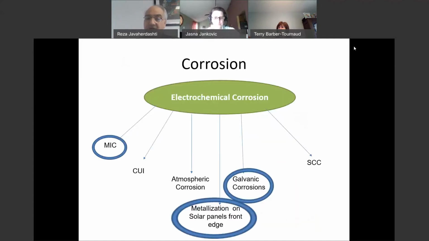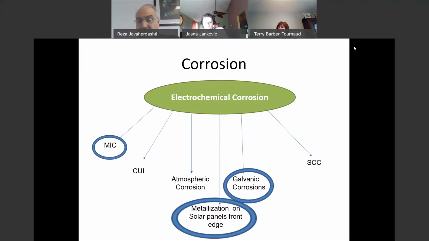Electrochemical corrosion can demonstrate itself in many processes, such as from left to right: stress corrosion cracking, galvanic corrosion, metallization, atmospheric corrosion, corrosion under insulation (CUI), and microbial corrosion (MIC).